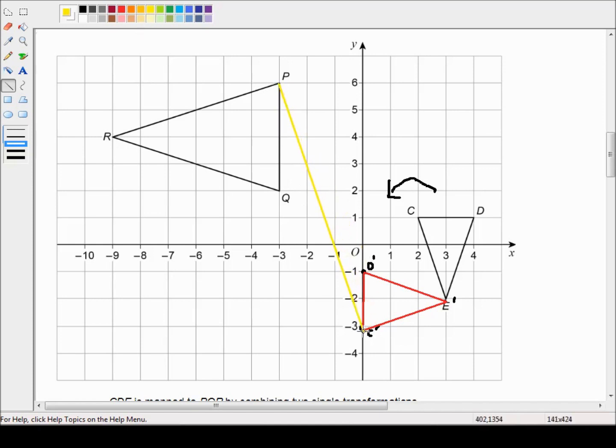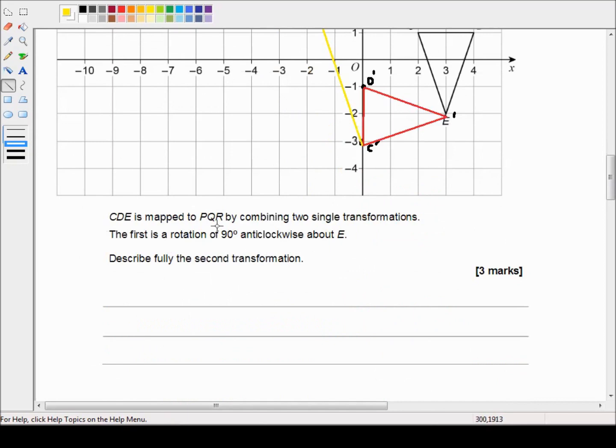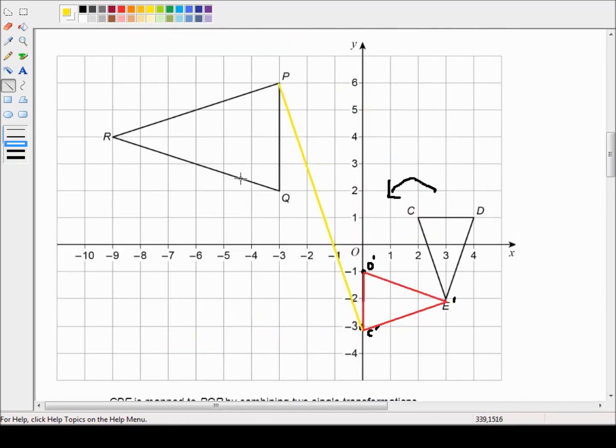If I join that, we've got to find a single transformation that's going to take this point, C prime, and put it onto P. Let's do the others. D maps to Q, so D prime will map to Q. And R will map to E prime.